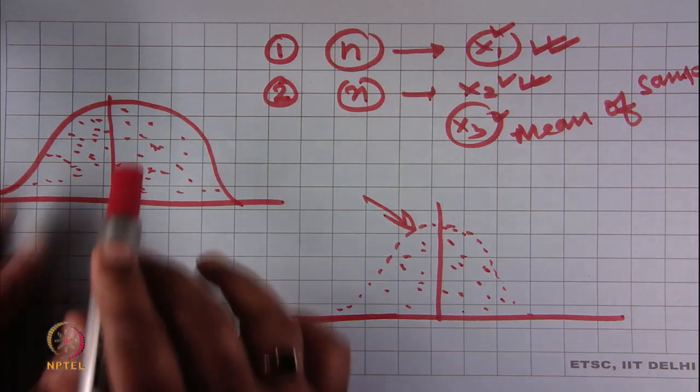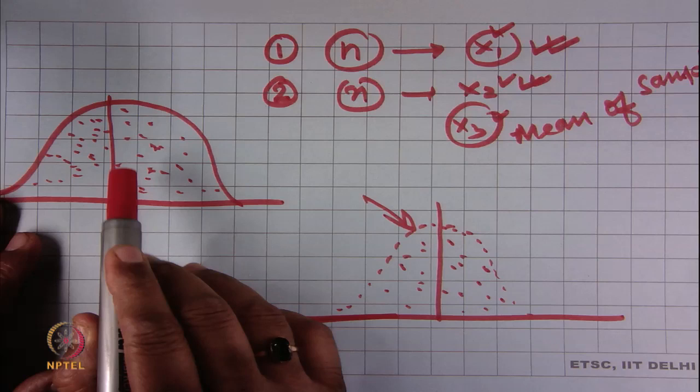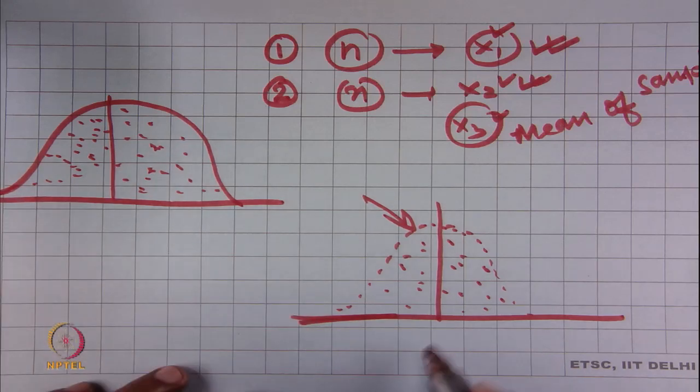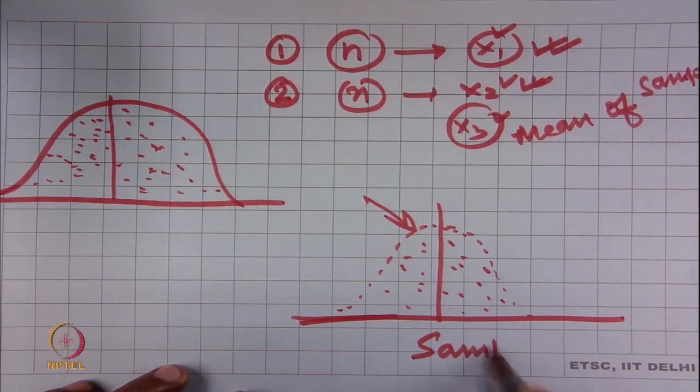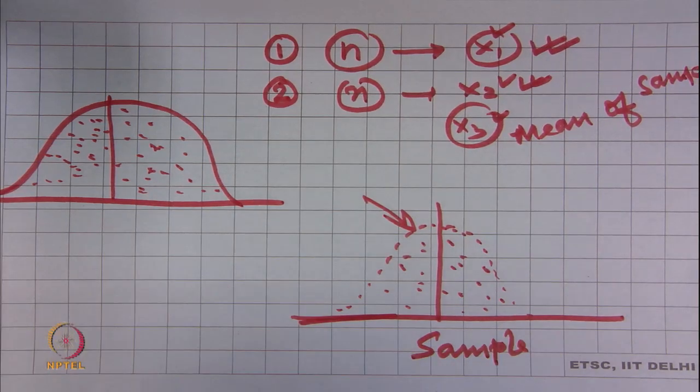This is the normal distribution for the population, and this is for the sample.